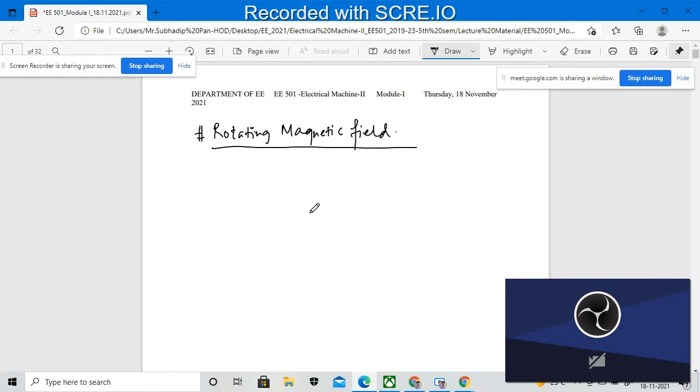Using the three equations, we justify the rotating magnetic field. The simplest case is an empty stator containing just three coils 120 electrical degrees apart. Since these windings produce only one north and one south magnetic pole, we are considering two pole windings.